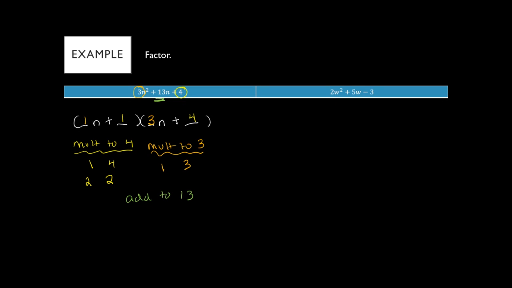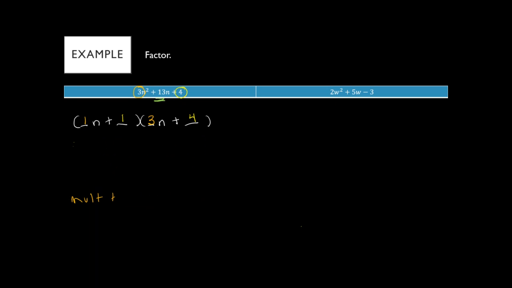So I'm just plugging in my first set, 1 and 4. And now you're going to go through FOIL and see if it works. I should have put these further down because I want to show FOIL here. So I'll do my orange first.